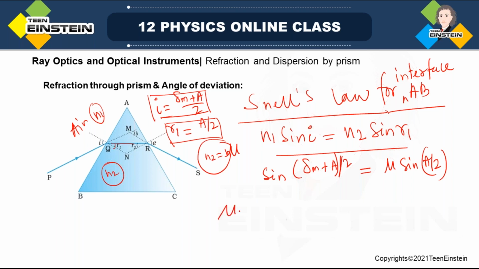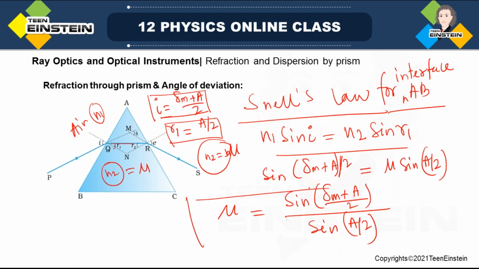Now from here, see how we can find out mu, or the refractive index of the prism, that is mu equals sine of delta minimum plus A divided by 2, over sine A by 2. So this is the relation between the minimum angle of deviation, angle of prism, and refractive index.